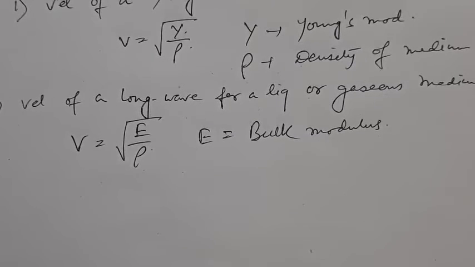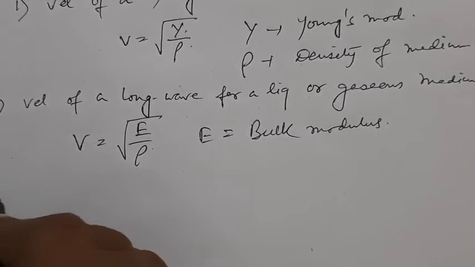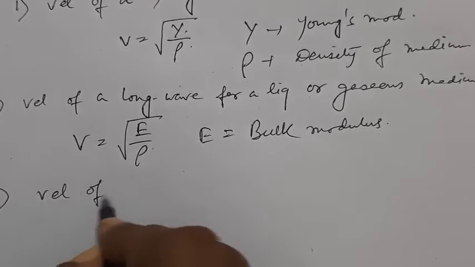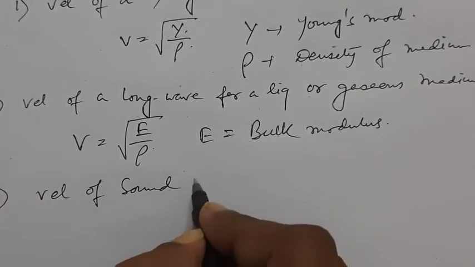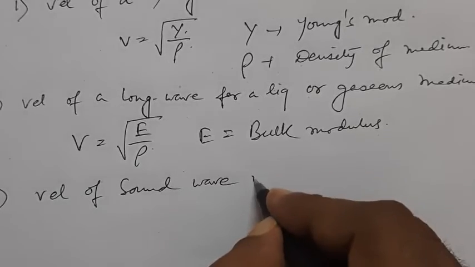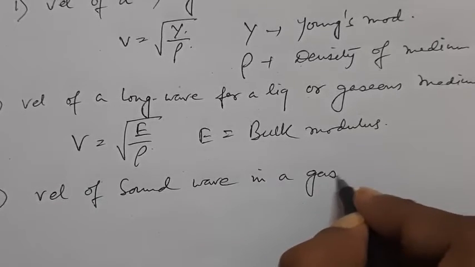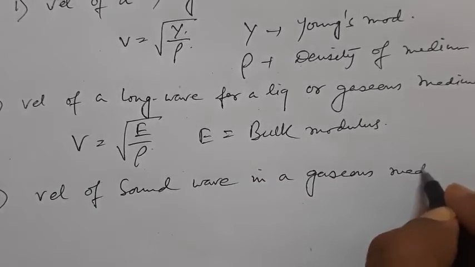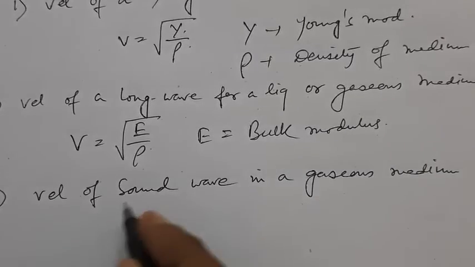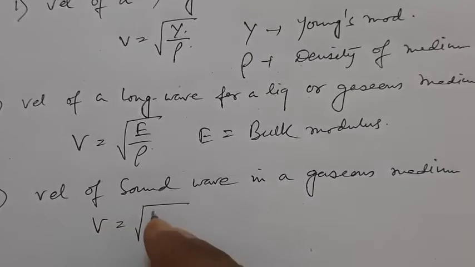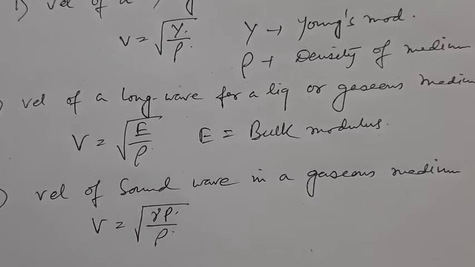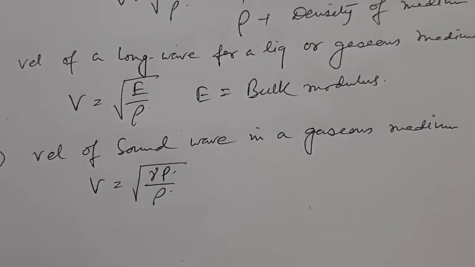Now velocity of sound wave in a gaseous medium. So V is equal to, we can write, square root of gamma P by rho.